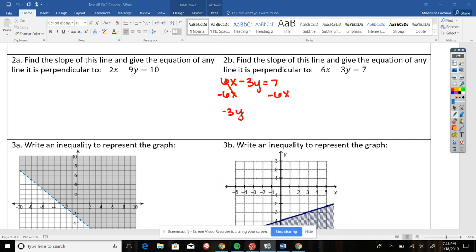And I get negative 3y equals negative 6x plus 7. Divide everything by negative 3. So my equation at the end is y equals negative 6 divided by negative 3 is 2. So 2x minus 7/3.